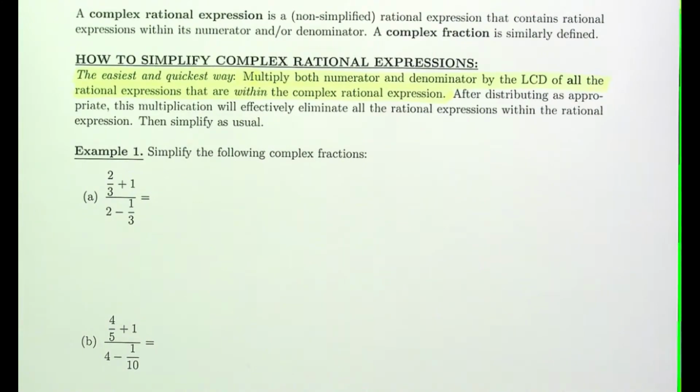So you're going to look at all the rational expressions either in numerator and/or denominator. You're going to look at all of them, and then you're going to find the LCD of all those little fractions. And then you're going to multiply everything, top and bottom, by the LCD.